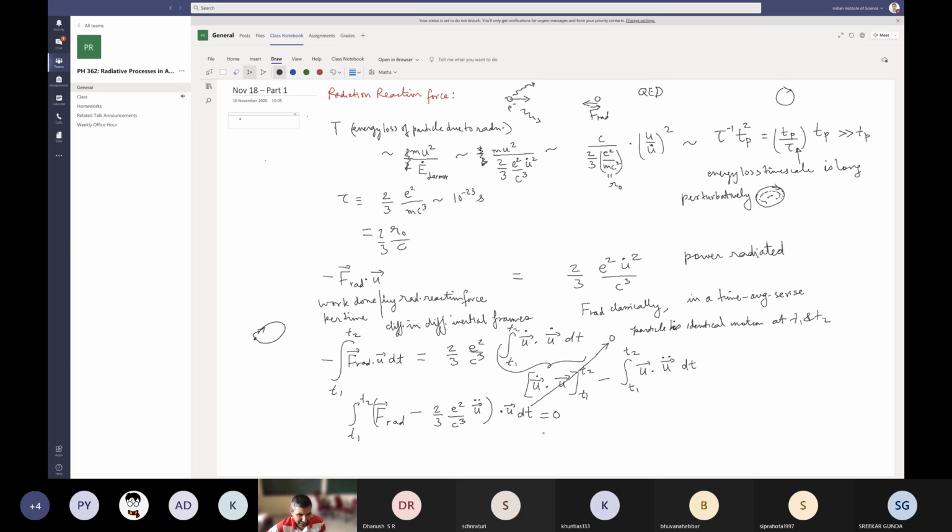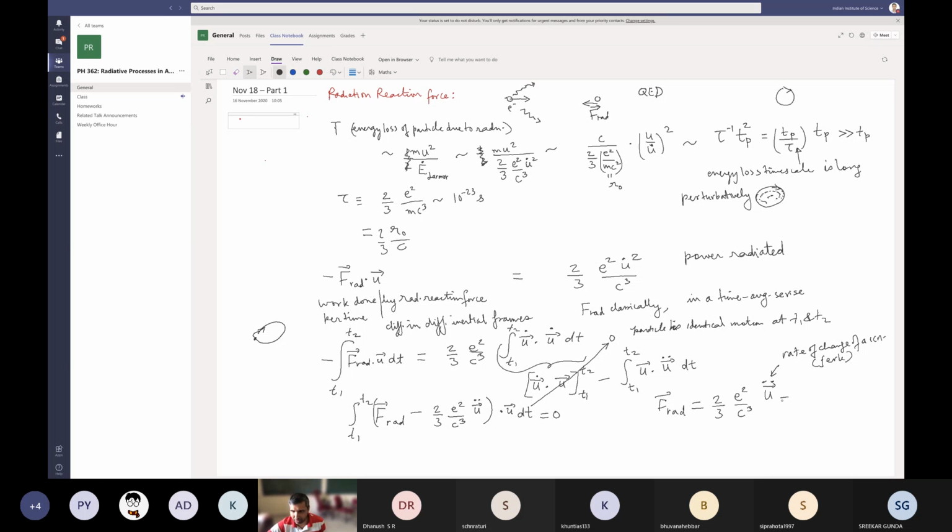So basically what this says is that we can take f rad, the radiation force, to be equal to 2/3 e squared by c cube u double dot. So this is the derivative of acceleration, the rate of change of acceleration, and this is also called jerk. So the classical radiation force can be taken to be proportional to the jerk.